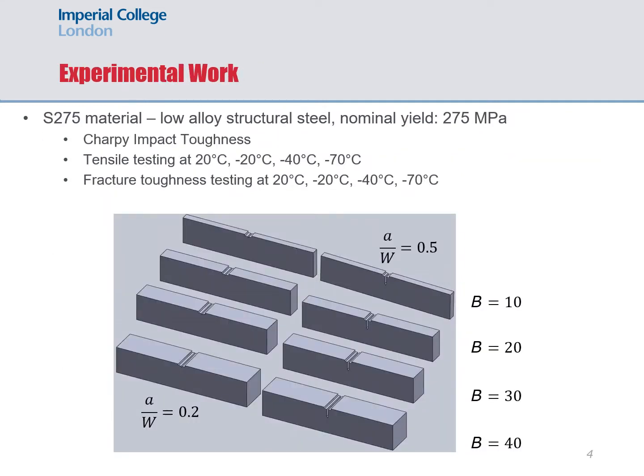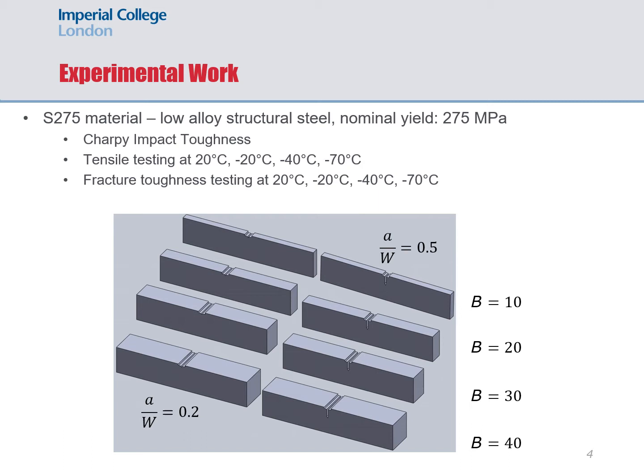So the main focus of this research is to compare T0 values calculated using Charpy correlations with T0 values estimated using fracture toughness data. And of course, we can't quantify either of those without conducting experimental work. Now, the experimental work in this project is based on an S275 grade material, a low alloy structural steel.